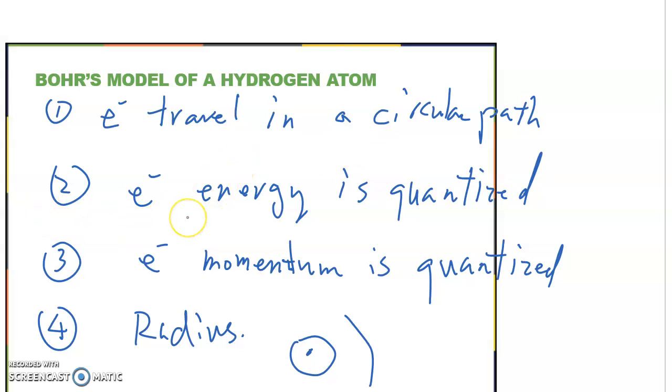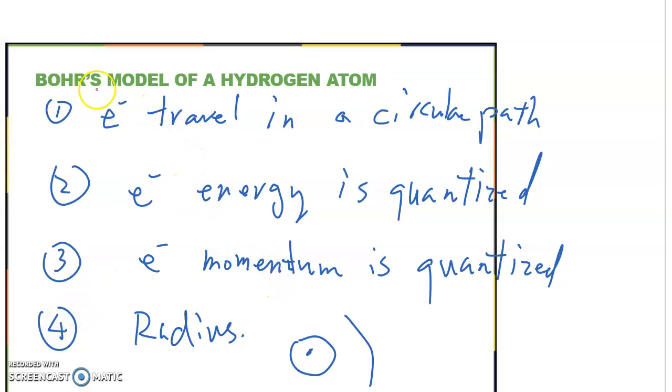Number 2, electrons' energy is quantized. Number 3, electrons' momentum is quantized. Number 4, there are only allowable radii for the electron to travel. So these are the conclusions of the Bohr's model.